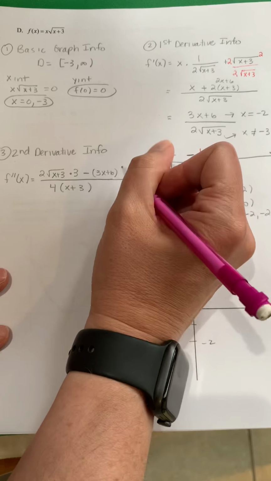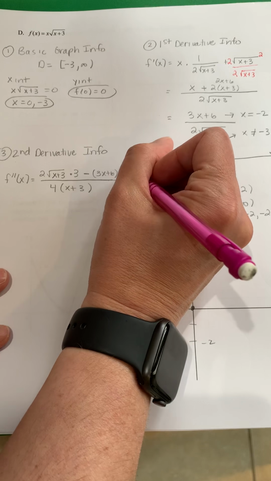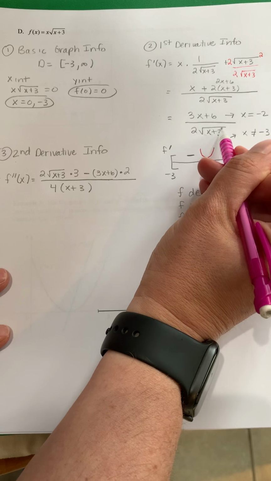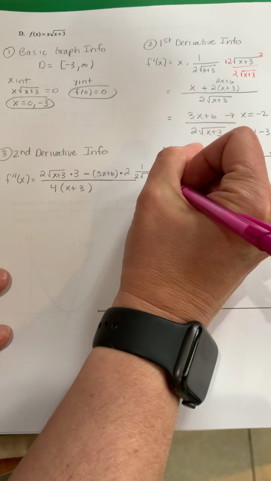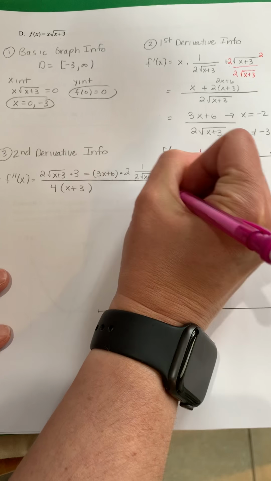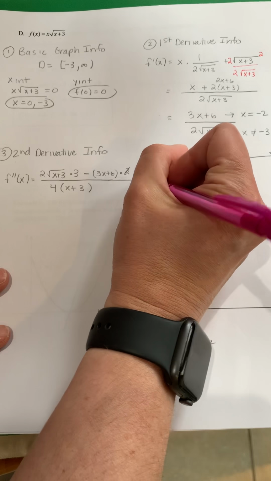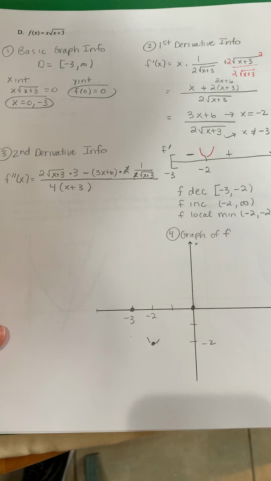So we have a 2 already, so we're going to be multiplying by that 2 that we have. And then this square root, right, when we take the derivative of the square root, it's 1 over 2 of that square root. Okay, so the good news is that the 2's are going to cancel. Okay, so we can get rid of that part. But we have that extra fraction bar upstairs that we're going to have to consider here.